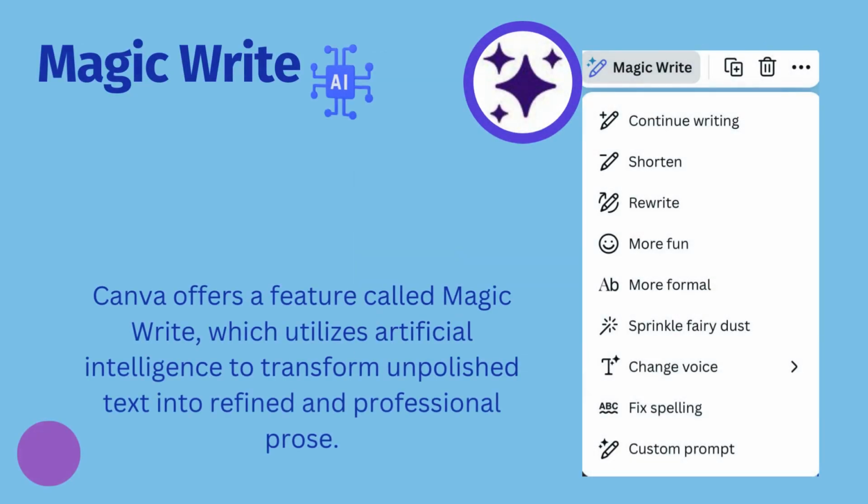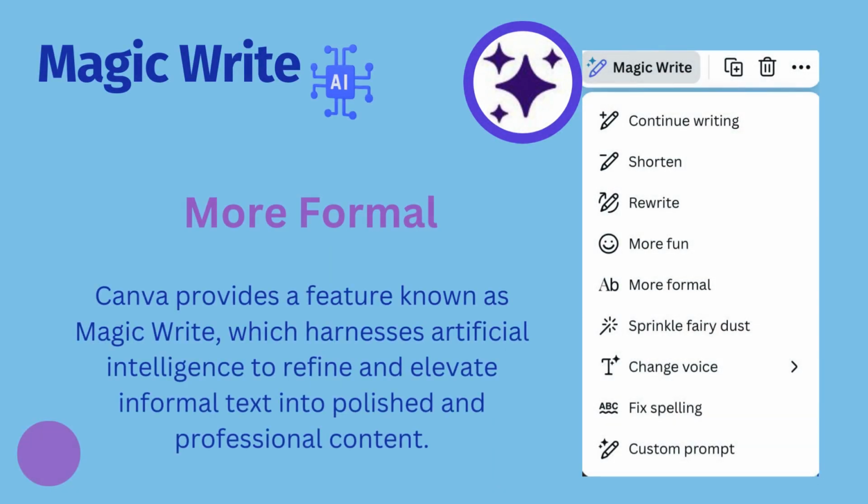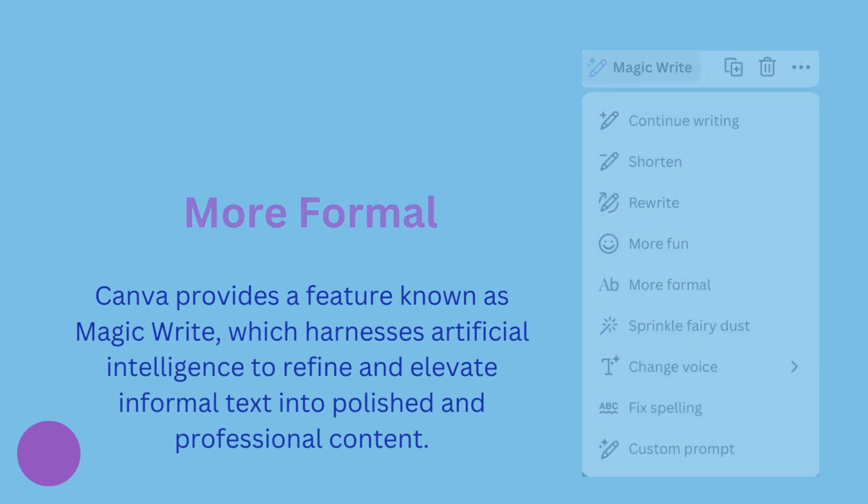Canva also offers a feature called Magic Write, which utilizes artificial intelligence to transform unpolished text into refined and professional prose. For example, I clicked on the text from the previous slide. Magic Write turned this text more formal. Canva provides a feature known as Magic Write, which harnesses artificial intelligence to refine and elevate informal text to polished and professional content.